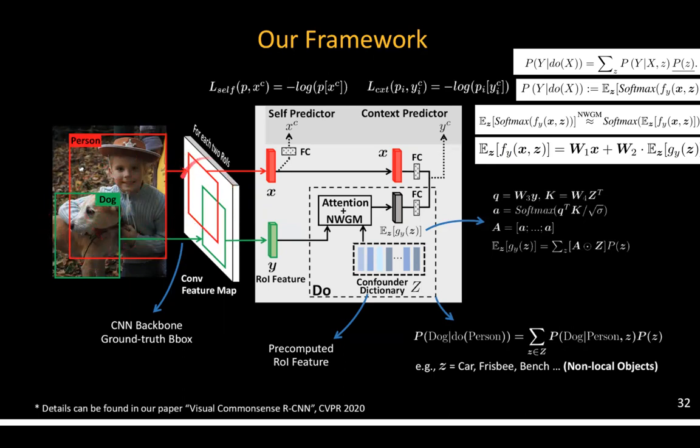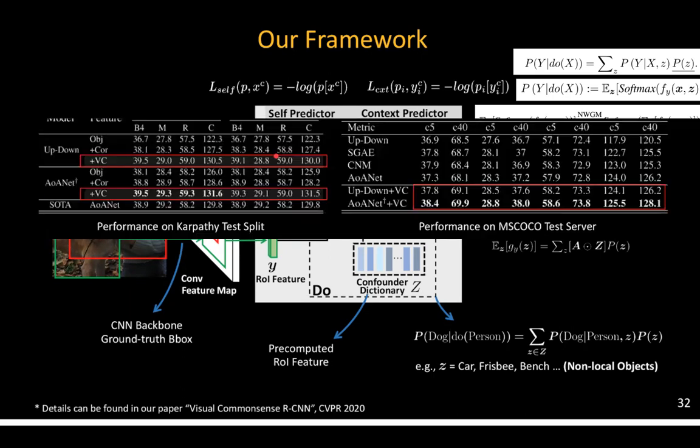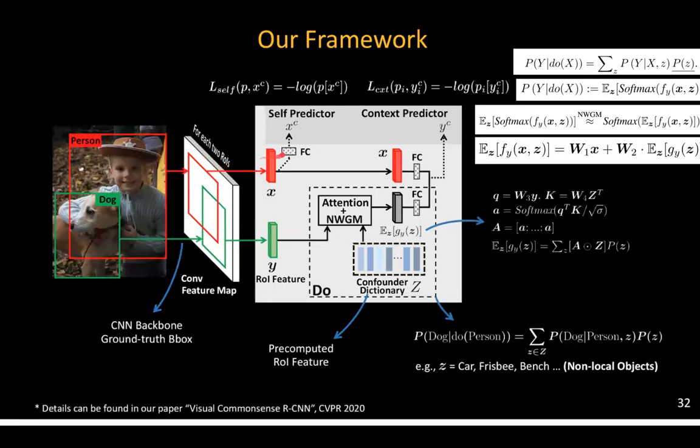The object has a feature map, and we use some CNN model to compress the feature map into two vectors. Suppose X is person and Y is dog. This red cube is the embedding of X, and this blue cube is the embedding of Y. Up to now, it is just a traditional computer vision model, right?